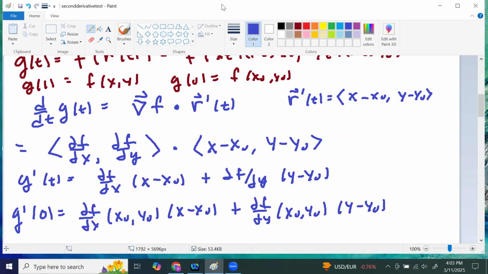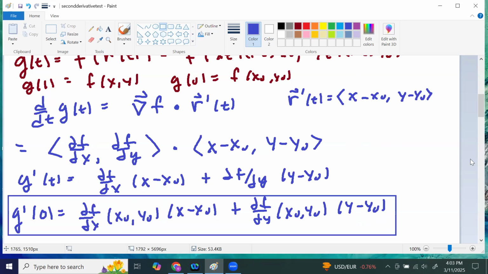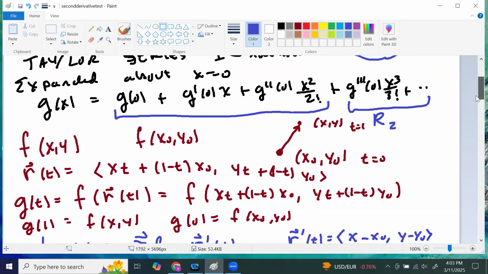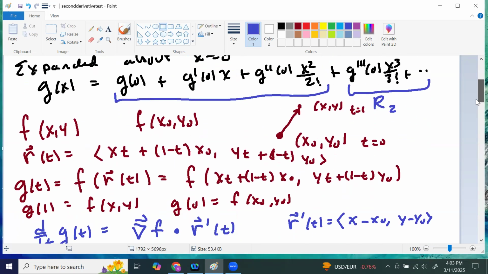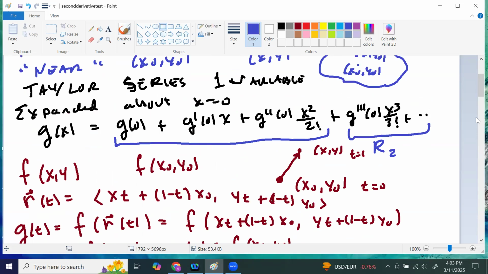So this entire thing here is going to give us the first term in the Taylor series, I mean, besides the constant term.